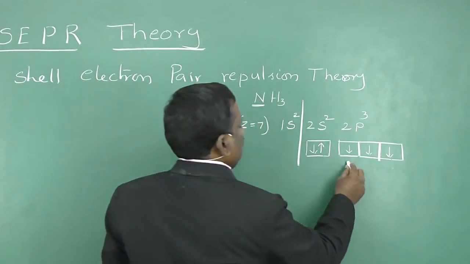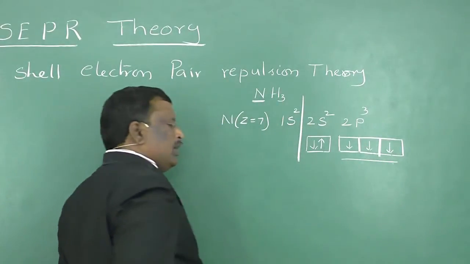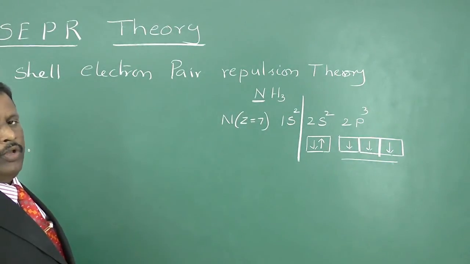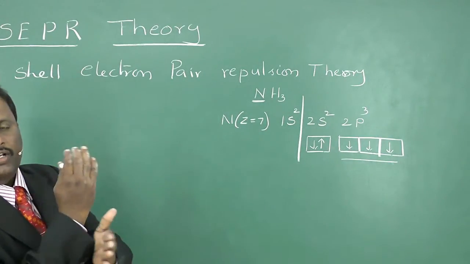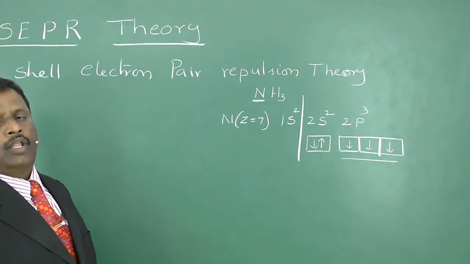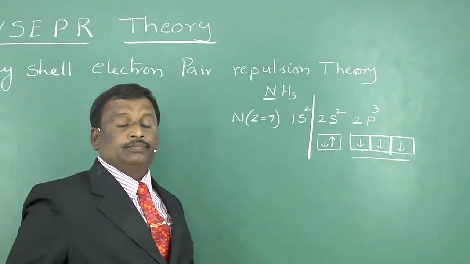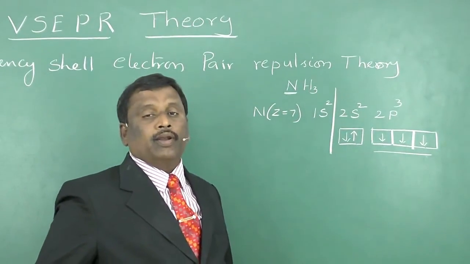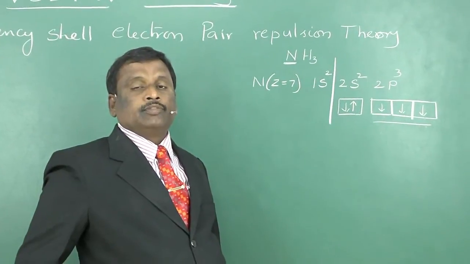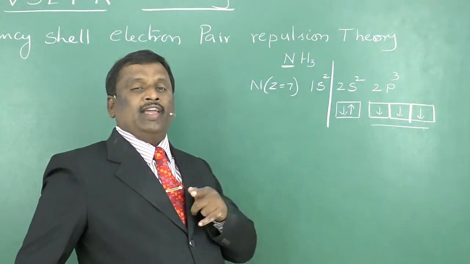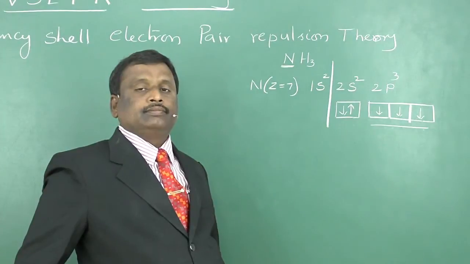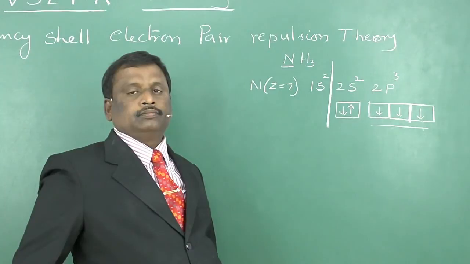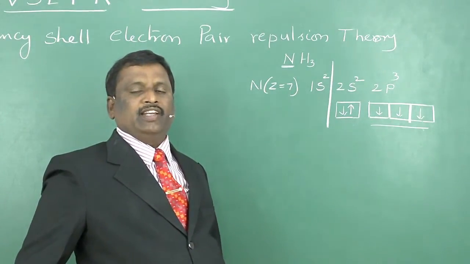Suppose only p orbitals take part in bonding with 3 hydrogen atoms. We know that the 3 p orbitals are perpendicular to each other. Without hybridization, if 3 p orbitals are directly involved in covalent bonds, then the bond angle must be 90 degrees, and they should be in a T shape or some other shape with 90 degrees angle.